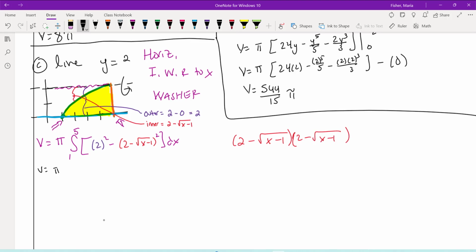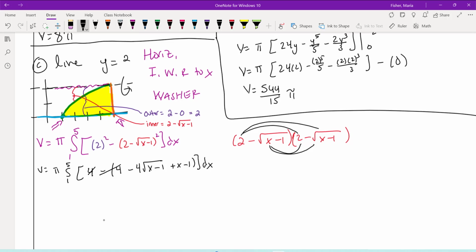If we square things, well, 2 squared is 4, and then I'm going to get minus, well, 2 times 2 gives me 4 minus 2 square roots of x minus 1 minus another 2 square roots of x minus 1 is going to be minus 4 square roots of x minus 1. And then negative square root of x minus 1 times the negative square root of x minus 1 is just going to be x minus 1.